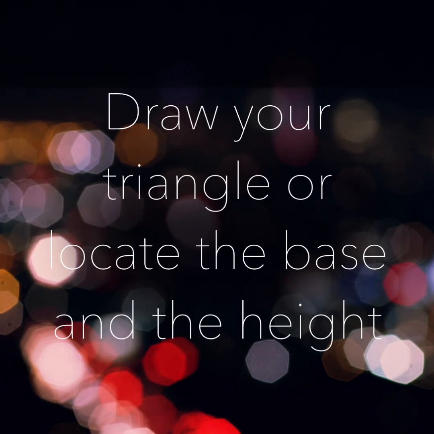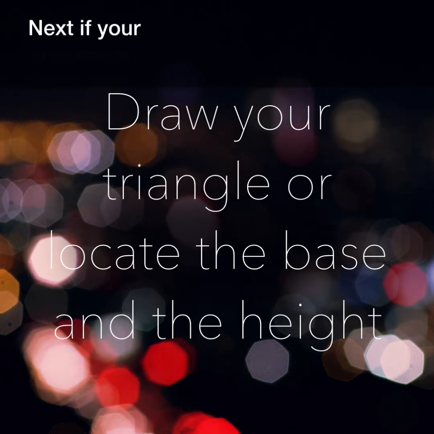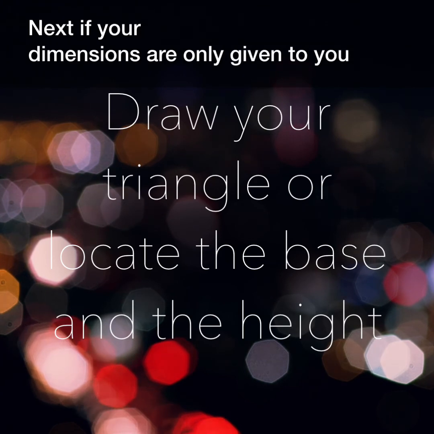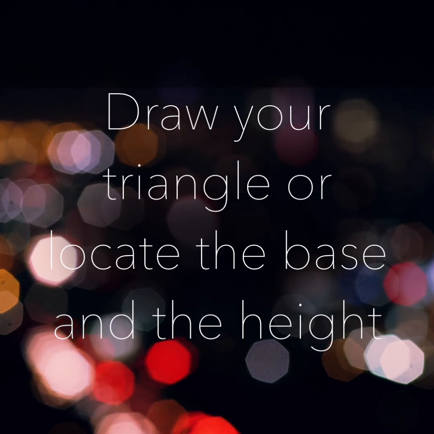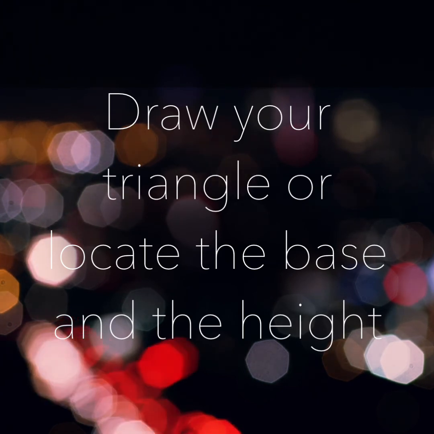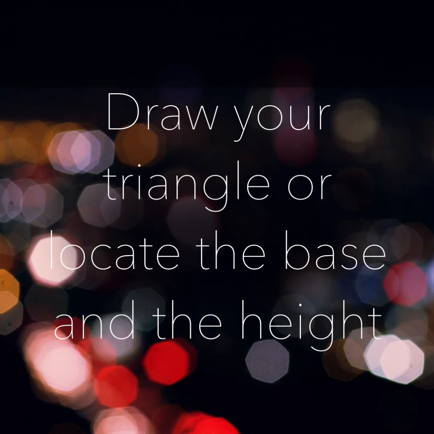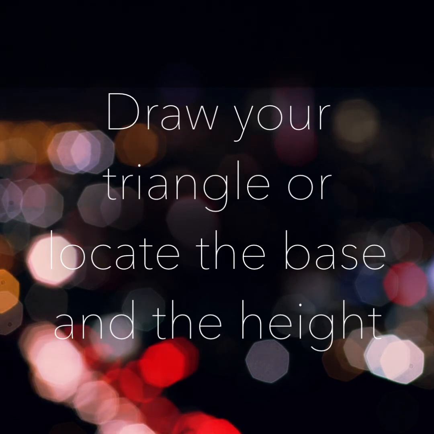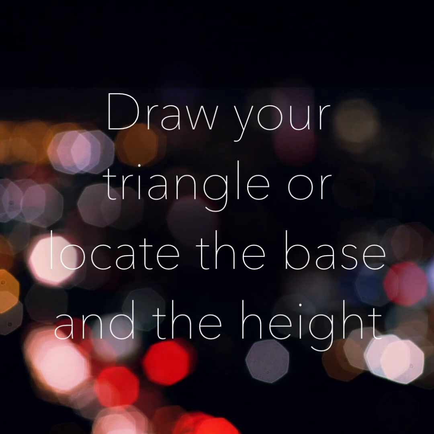Next, if your dimensions are only given to you and no triangle has been drawn or given to you, then draw your own triangle and correctly label the base and the height. If the triangle is given to you along with the measurements, take note of the measurements that are being used. Like in our example, we use meters, sometimes it's centimeters or inches, and locate the base and the height.